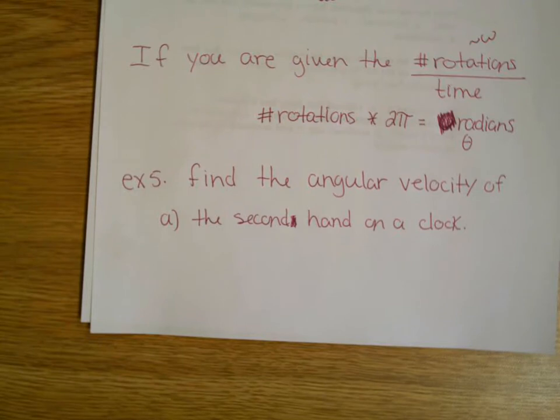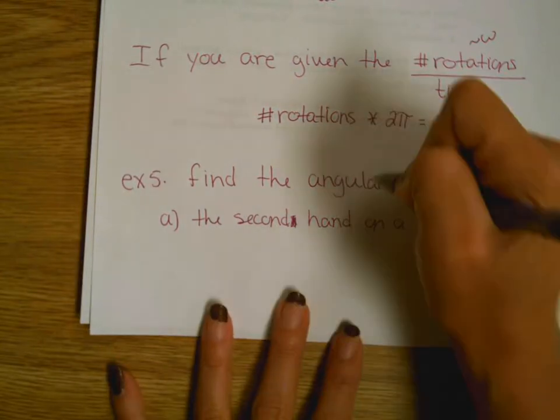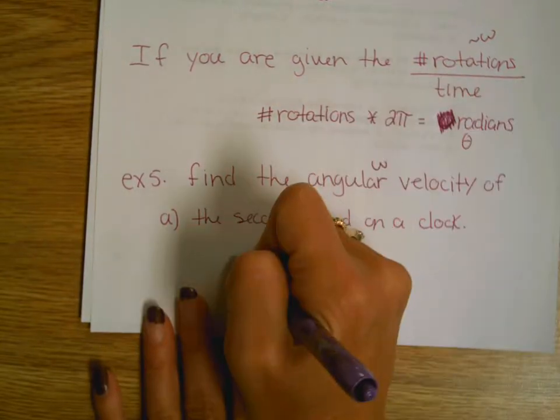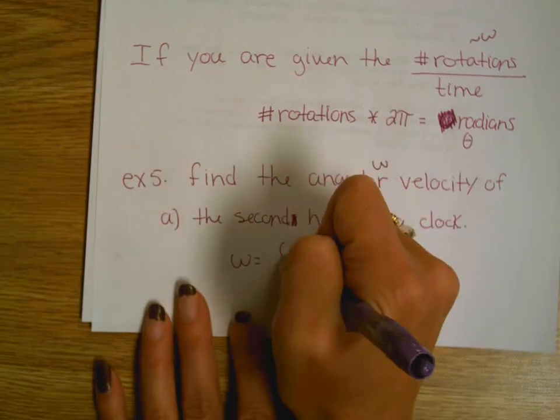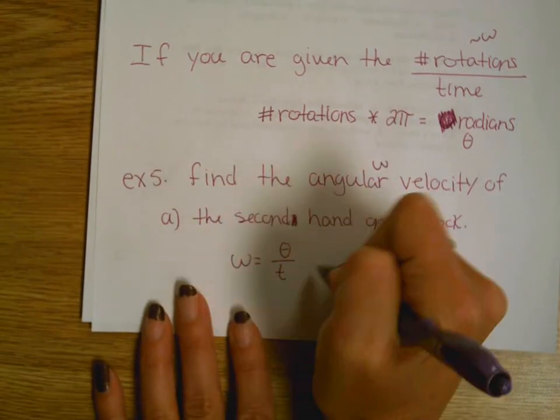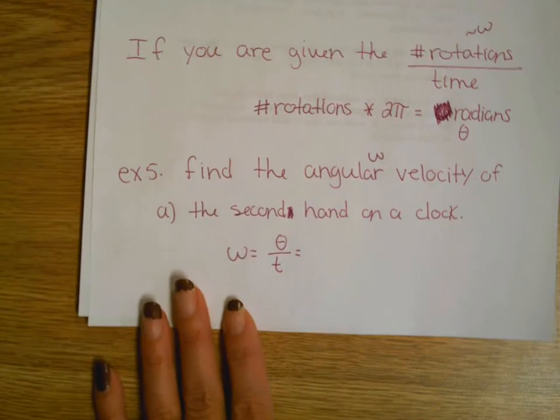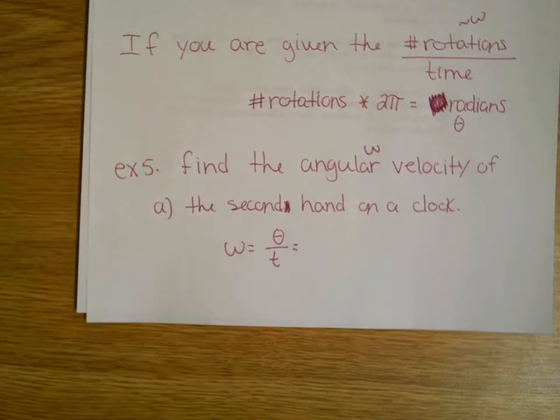Okay. So we're looking for angular velocity. I need radians per time. I could go degrees first. So take a look at that second hand on the clock, the red one.